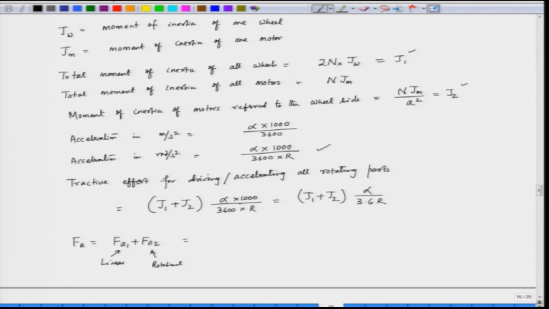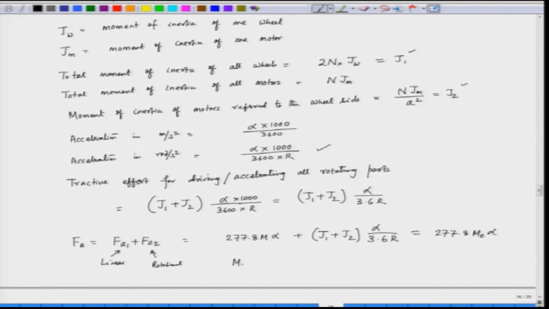So, that is equal to the linear acceleration term 277.8 into m into alpha, and the rotational one is J1 plus J2 into alpha by 3.6 r. We can combine this and write it as 277.8 into m equivalent into alpha.